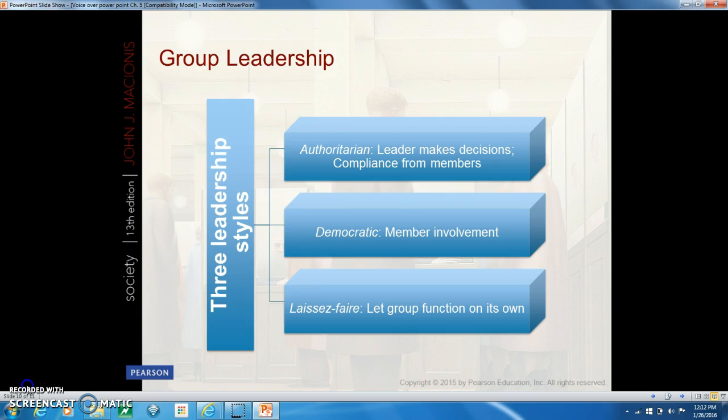The democratic leadership is more expressive, and they try to include everyone in the decision-making process. Then we have laissez-faire leadership, which allows the group to function more or less on its own. Out of the three, the least effective in promoting group goals is laissez-faire.